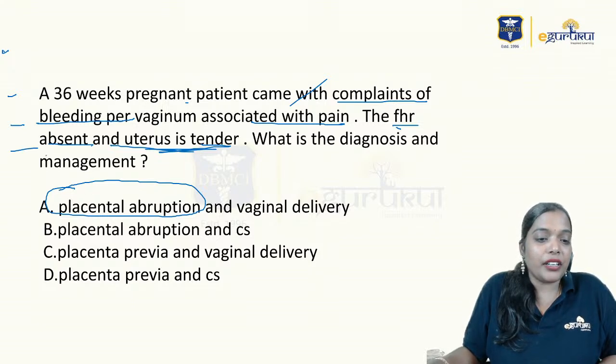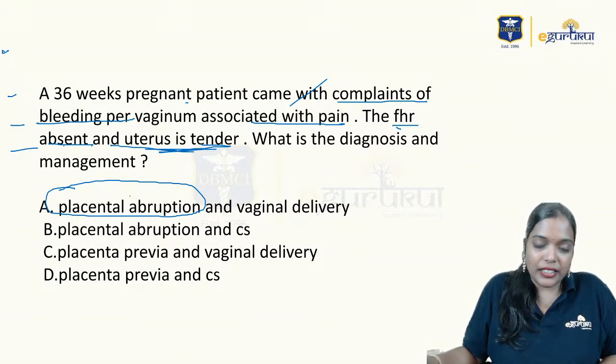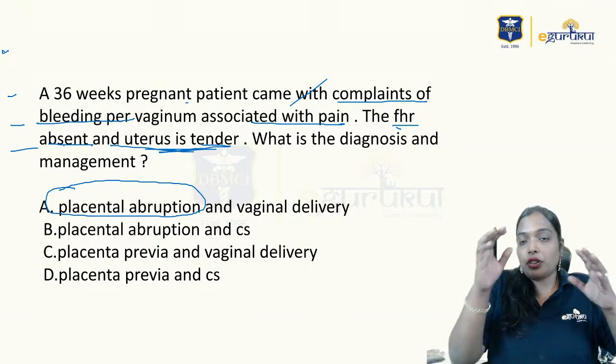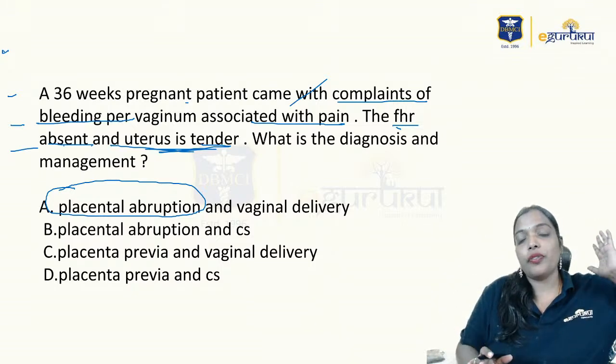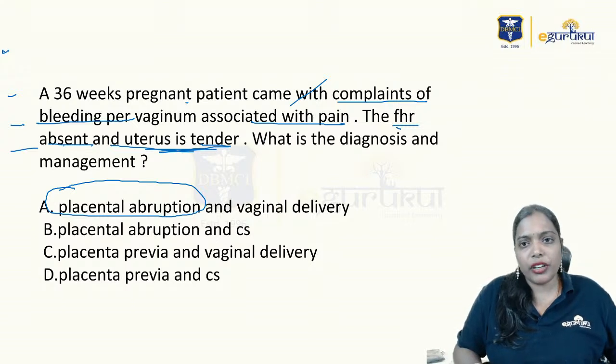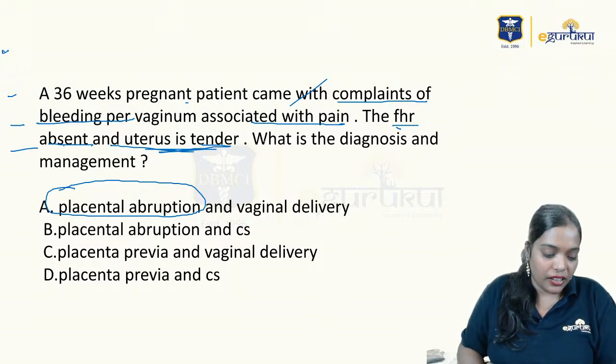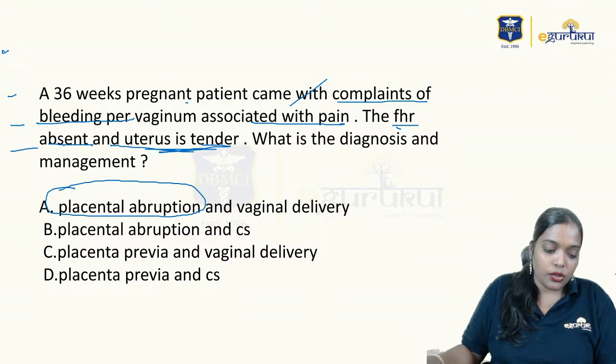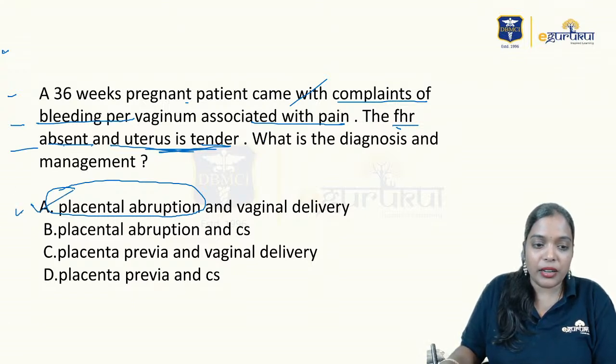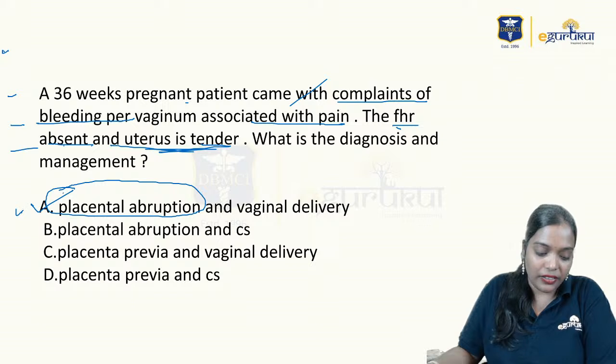Fetal heart rate is absent. It's a dead fetus. So do you want to go for cesarean section or vaginal delivery? It's an abruption with a dead fetus. So remember the table which I have taught you. When you have a dead fetus, you can go for vaginal delivery. So you all are absolutely correct in answering placental abruption and vaginal delivery. Right?